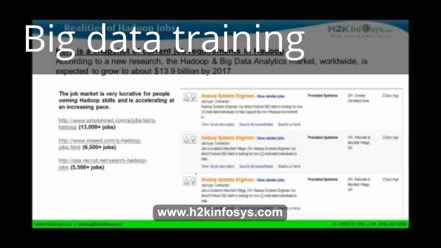Now, as you may be aware, big data is currently very hot in the job market, and it's expected to grow to about 14 billion by 2017.